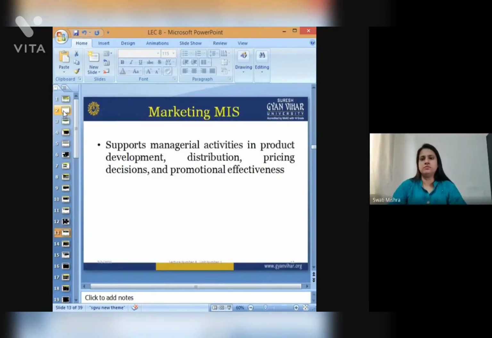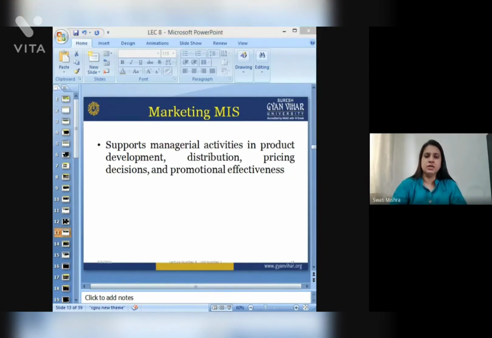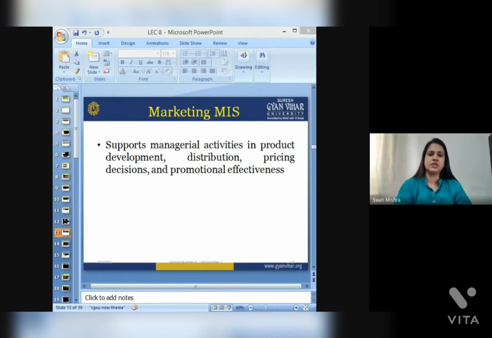So that is how this entire management information system actually supports an organization's key decision areas.